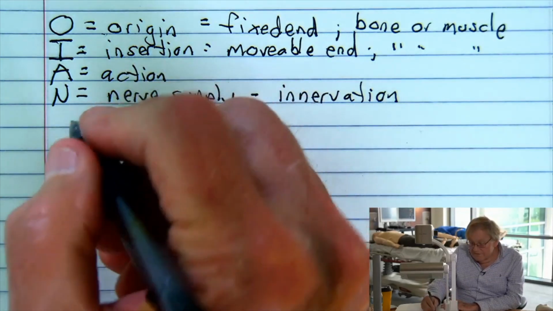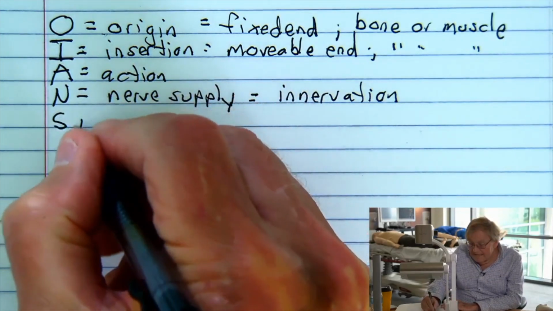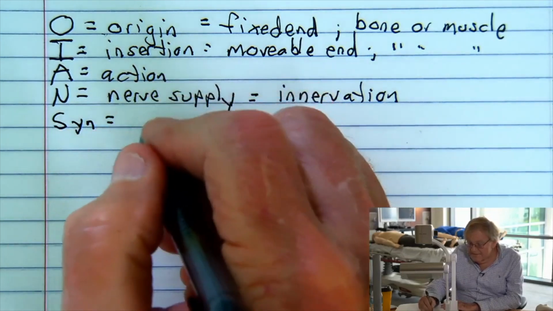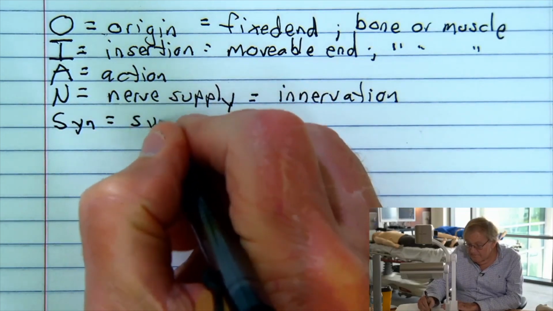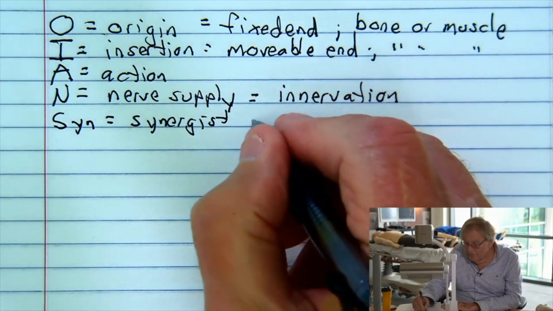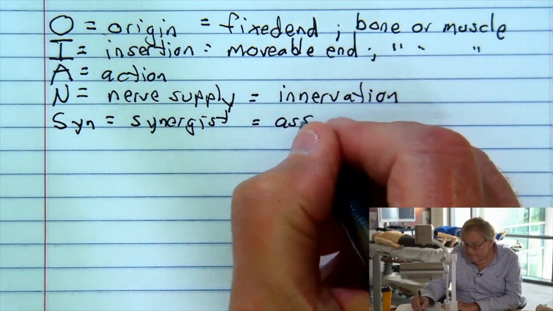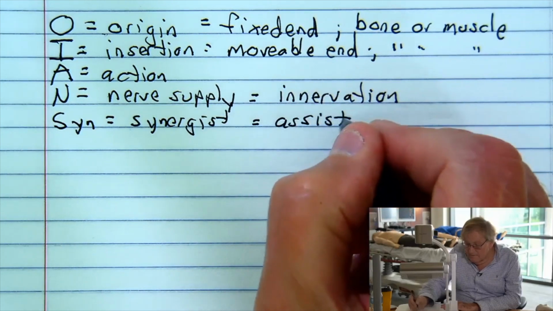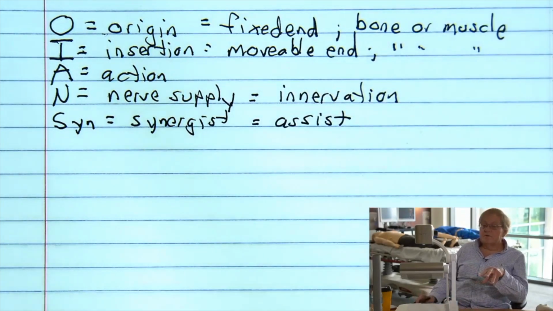Well, then, of course, there's the muscles called the syn, S-Y-N, which stands for synergist. And the synergist is going to assist. And we're going to learn about a muscle that is the main muscle for a given action.